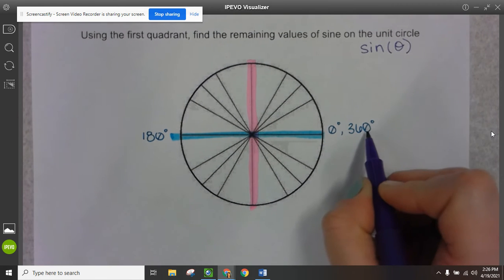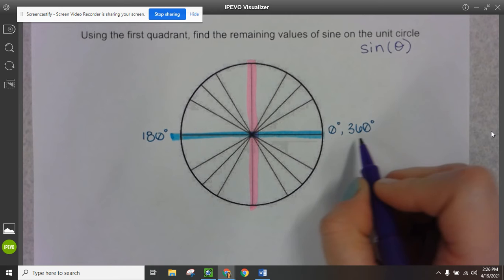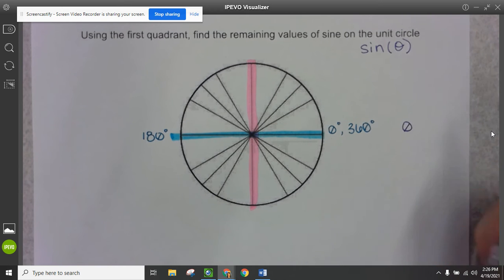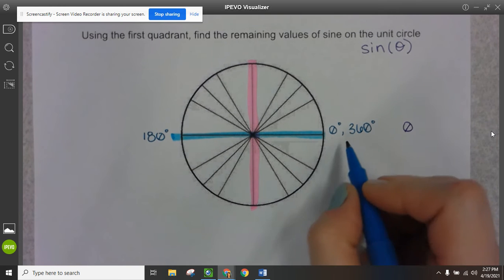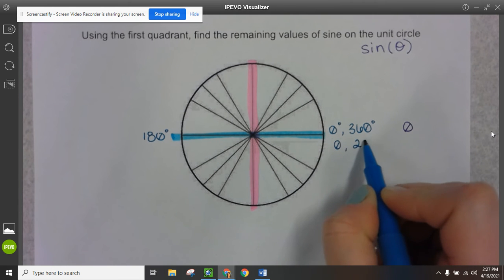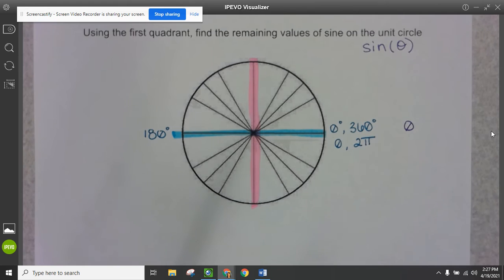So the sine of 0 and 360 was 0. And again, I'm also going to do my radian measurements. So radian-wise, this is 0 and 2 pi.